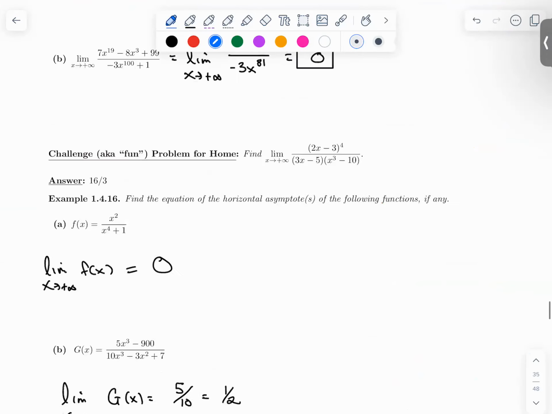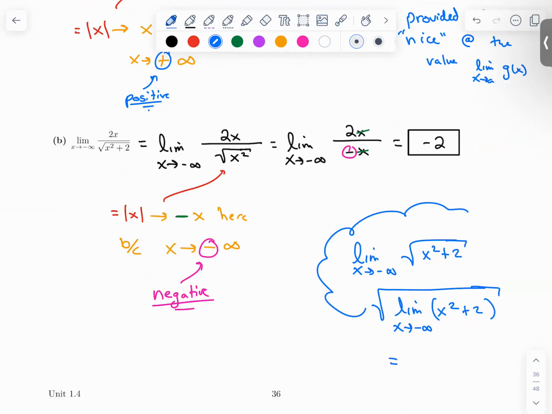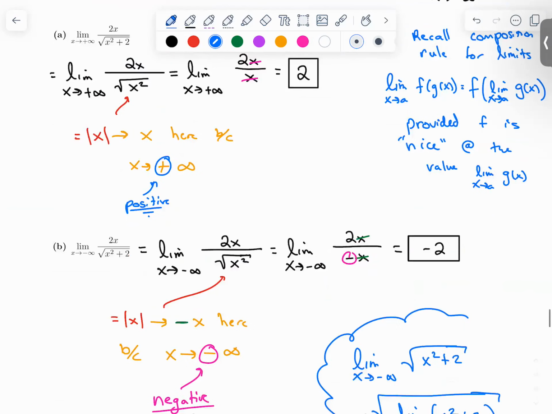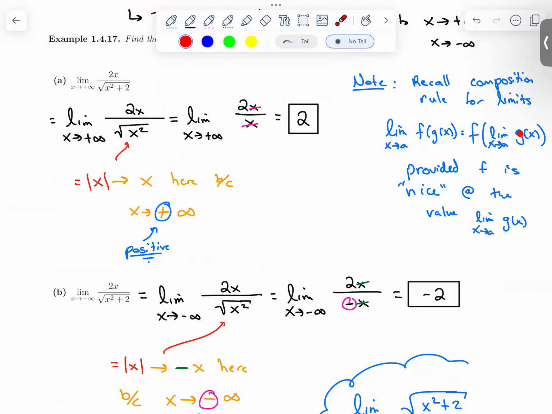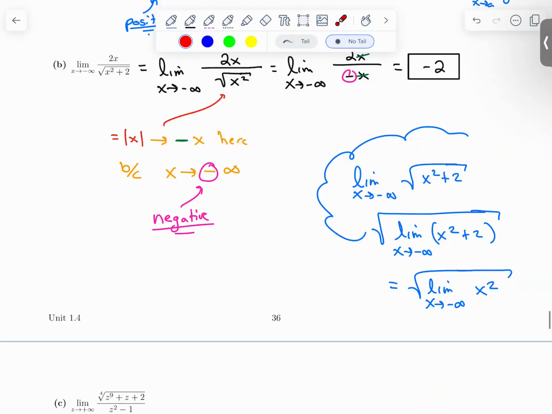So when it comes to this problem, you can just rewrite this as the square root of the limit as x approaches negative infinity of x squared. And then finally, this is the formal reason. This fact is true because it's an equality. It's true in both directions. So I can then do a kind of a circular argument and bring the limit back out front.